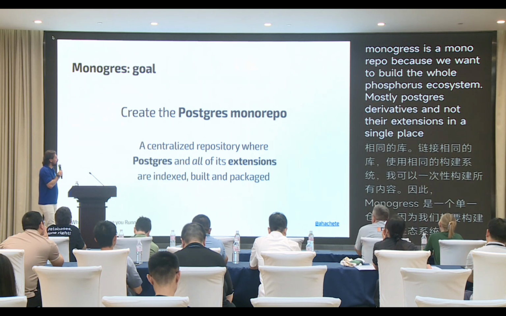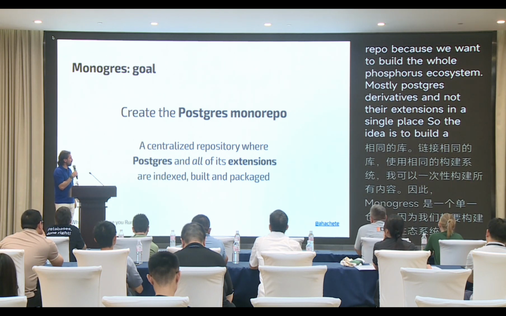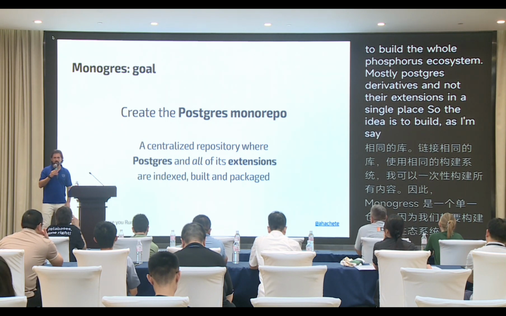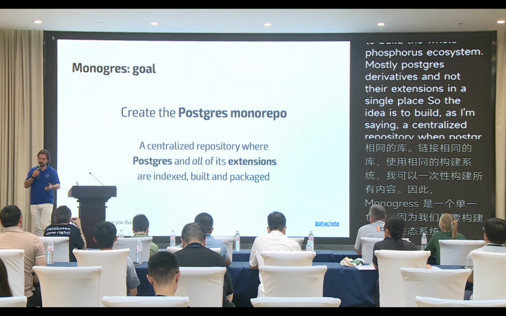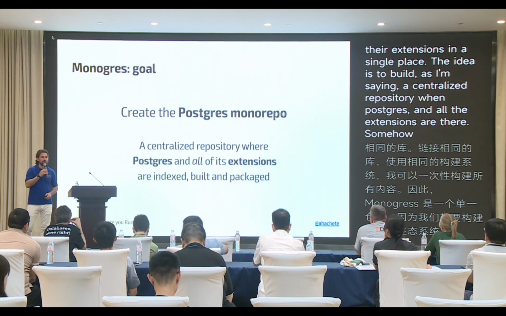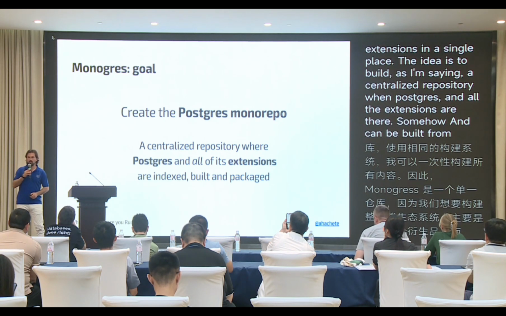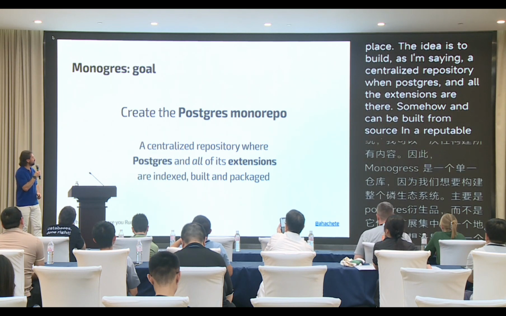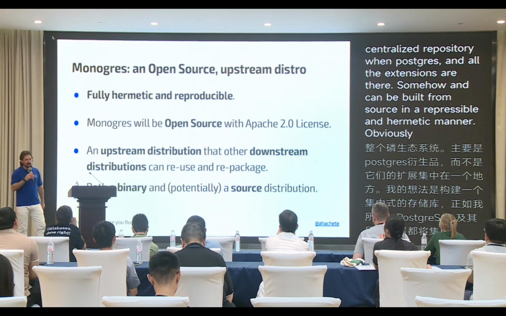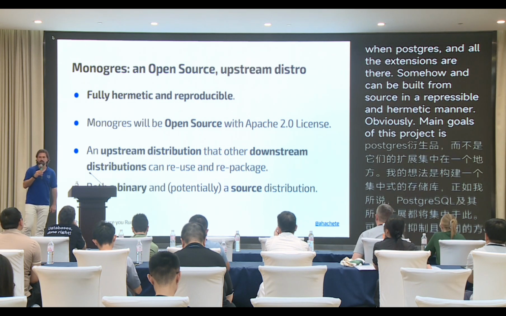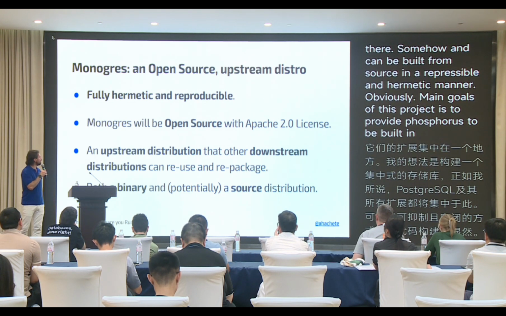So the idea is to build a centralized repository where Postgres and all the extensions are there and can be built from source in a reproducible and hermetic manner, obviously. So, the main goal of this project is to provide Postgres built in a fully hermetic and reproducible way.